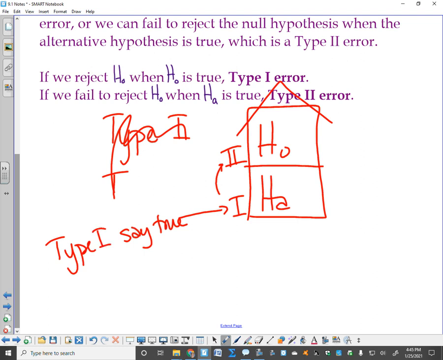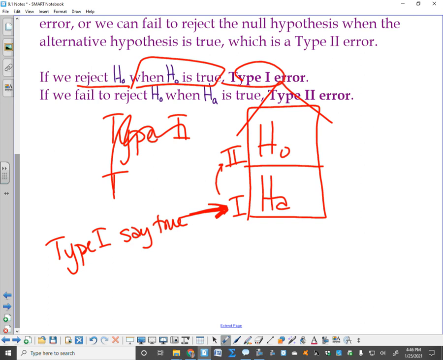Now, type 1 error means you say H sub O, you say Miss Hunter is innocent, but really H sub O is true. Type 1 error. H sub O is true, but you're rejecting H sub O and you're going with H sub A. So I think of the 1 and the 2 as the first floor and the second floor of a house.